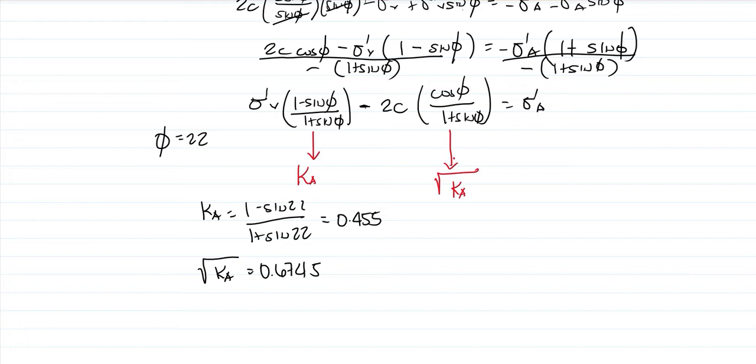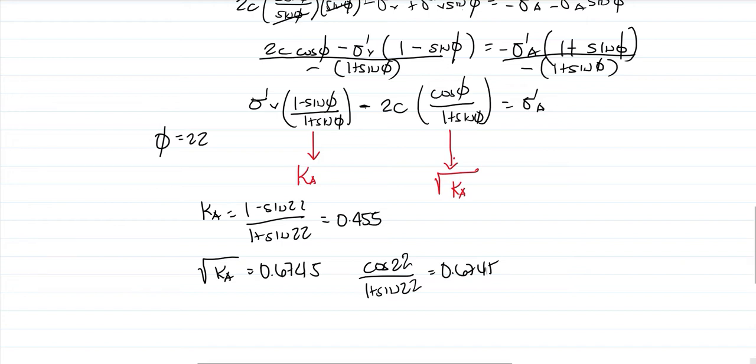Then, kunin naman natin yung lalabas na equation from cosine of 22 over 1 plus sine of 22. So, that will be equivalent to same. So, that is 0.6745. So, either of the two equations pwede nating gamitin.